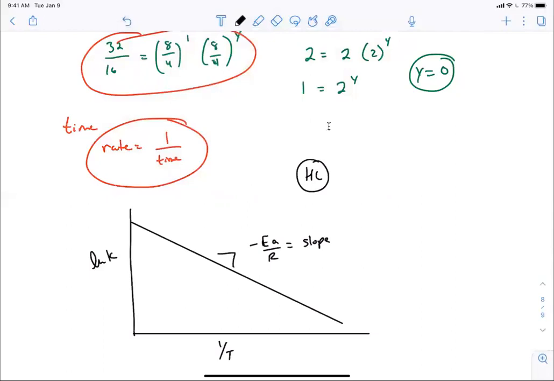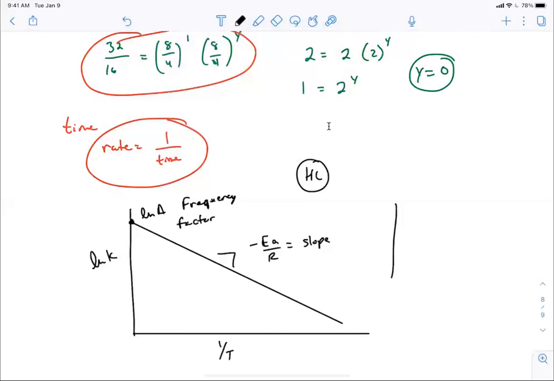And understand natural log of A being the frequency factor, the one that factors in orientation of the collisions. So be able to read this graph.